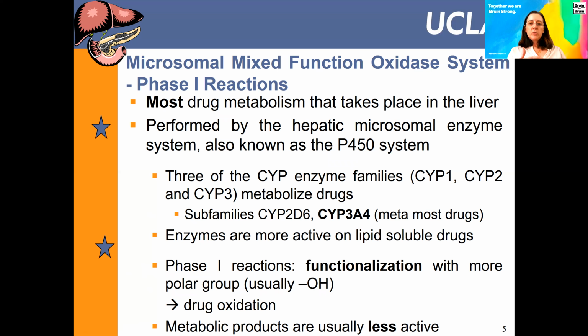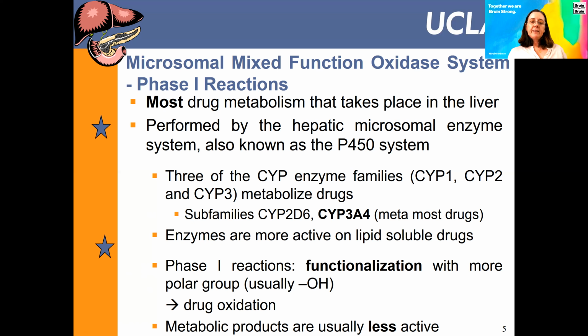And then within those three families, you have subfamilies like CYP2D6 and CYP3A4, which metabolize most of the drugs. I'm not going to ask you to memorize which drug is metabolized by which family of enzyme, but I want you to understand what can happen if you have two drugs that are affected by those metabolizing enzymes.